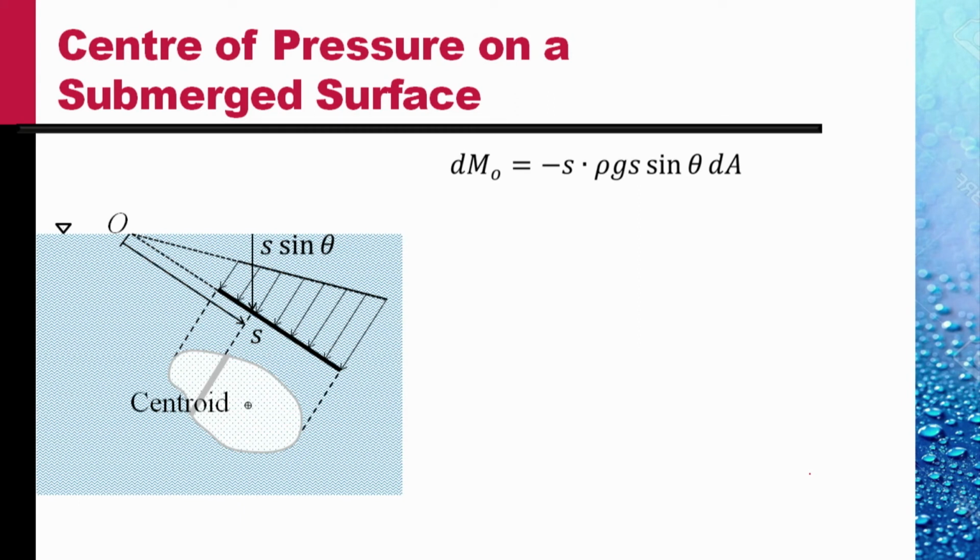The moment of the distributed force is obtained like this. The moment of the force on this element dA at distance s about origin O is minus s times the force rho g s sine theta dA. This is negative because this moment is clockwise.